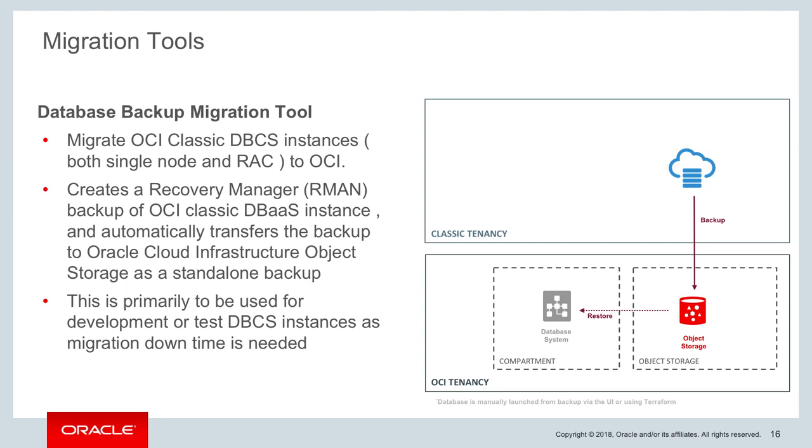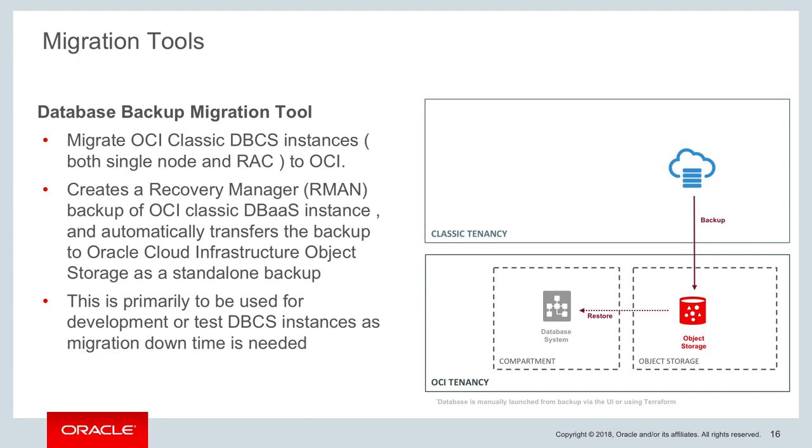If you're looking to migrate Oracle databases from OCI Classic to OCI, you can consider using the database backup migration tool. This tool allows you to migrate OCI Classic DBCS instances, which can be single node or RAC, to OCI. How this works is it creates an RMAN backup of your OCI Classic DBCS instance and automatically transfers the backup to OCI object storage as a standalone backup.